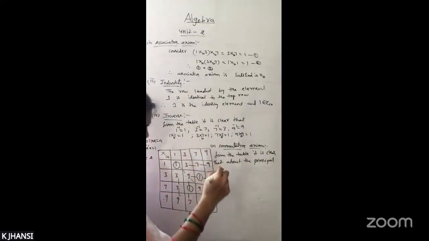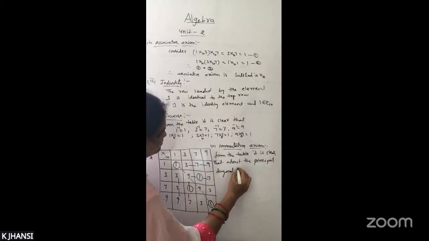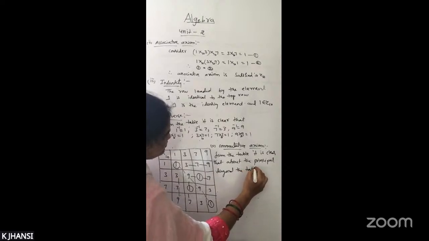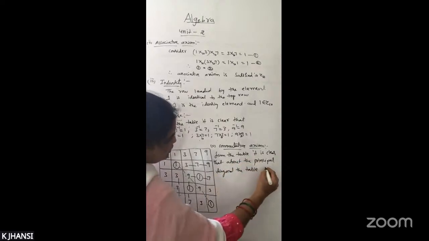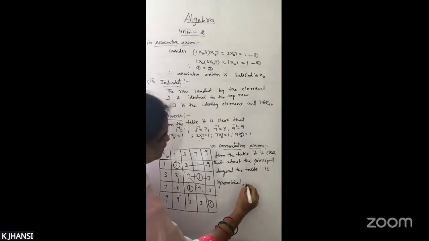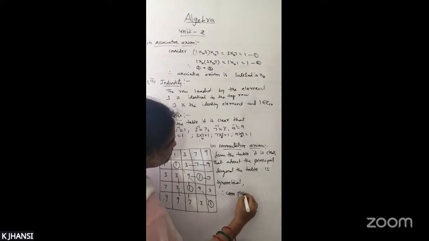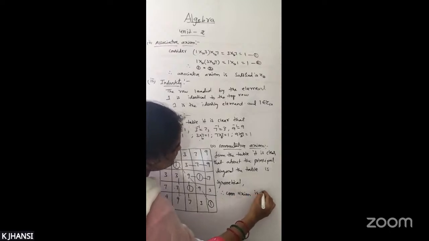Therefore, the commutative property or commutative axiom is satisfied.